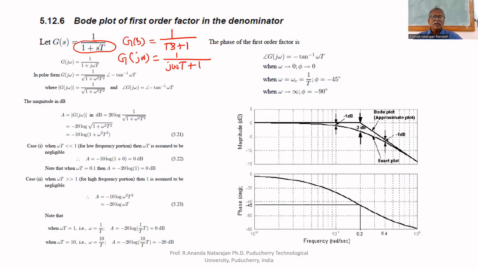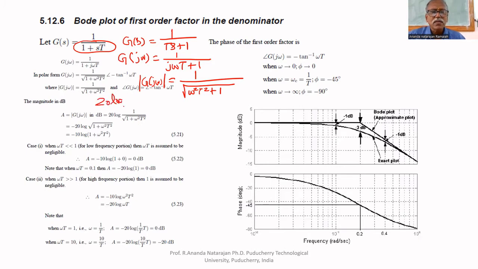Then we have to find the magnitude. What is the magnitude, modulus of G of j omega, that we have to find? That is equal to 1 by square root of imaginary part square plus real part square. This is the magnitude plot. What is it in decibel scale?